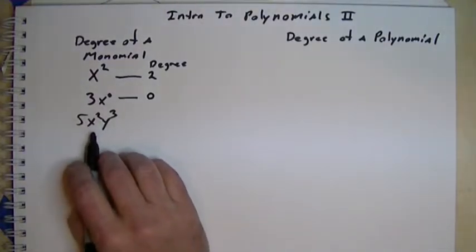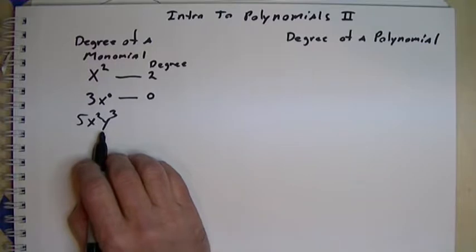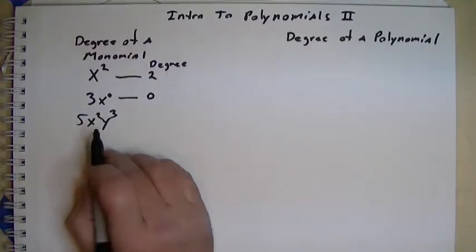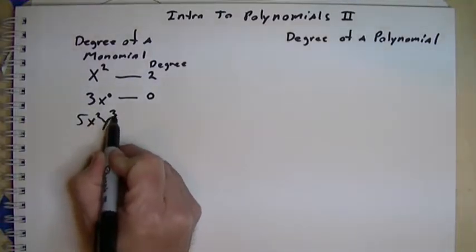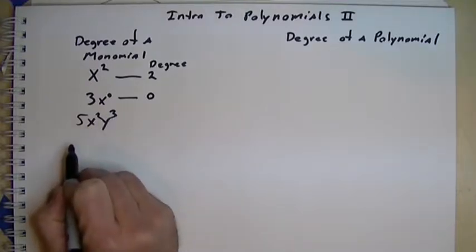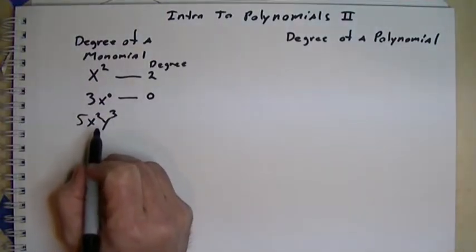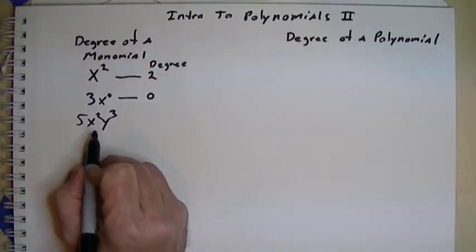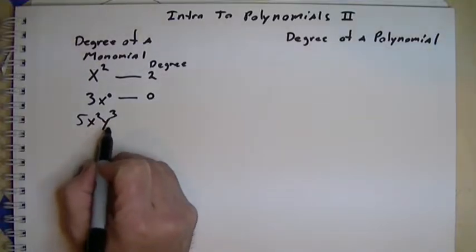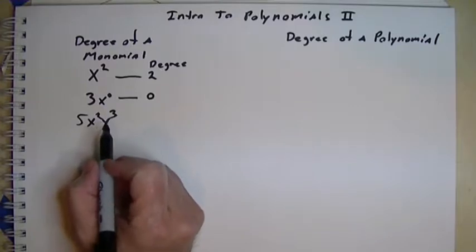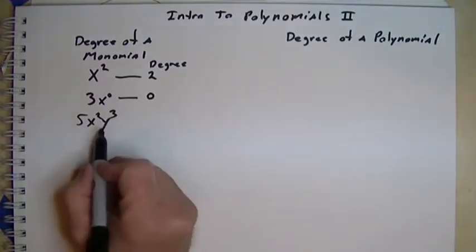Finally, if there's more than one variable in the monomial, then what you do is you add up the exponents. And I realize this is kind of like breaking that rule of when you have powers with the same base and you're multiplying them, you simply add their exponents. But this isn't the case.